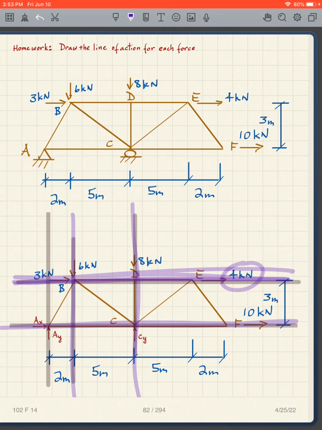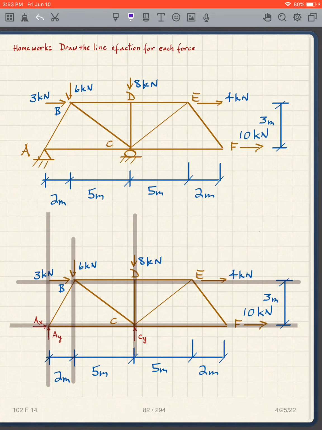We have to draw these long for a reason, as we know, because we need to get the perpendicular distance. And for AY, it's that. For AX, it's the same as the 10 kilonewton load. So, again, very straightforward, but you have to draw. Notice how long I'm drawing these things. Oh, CY. CY is the same as the 8 kilonewton load. All right, let's skip that.